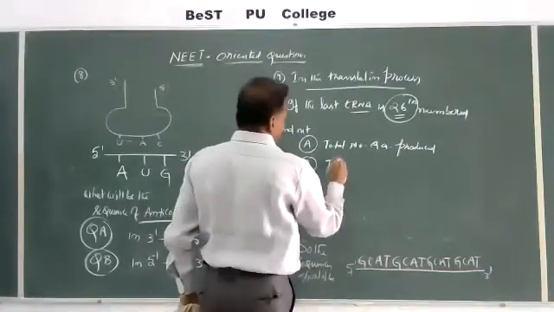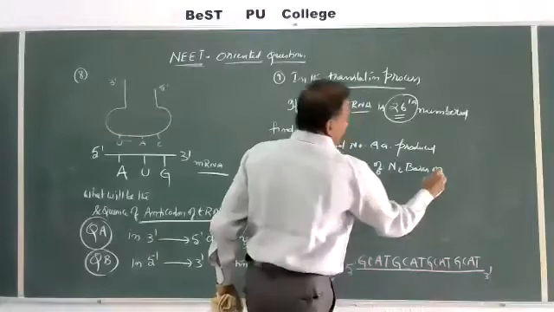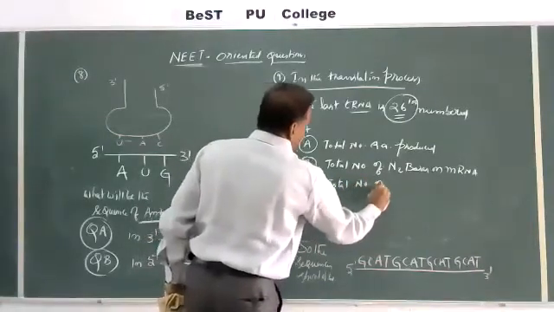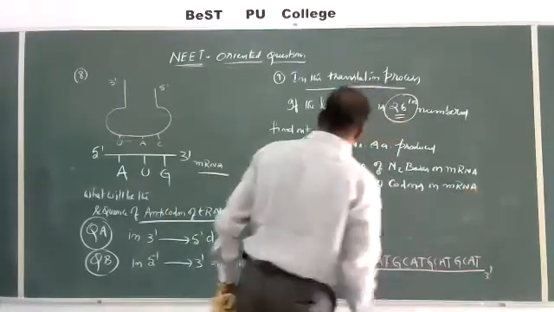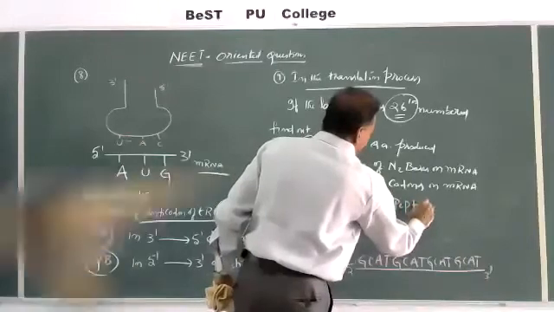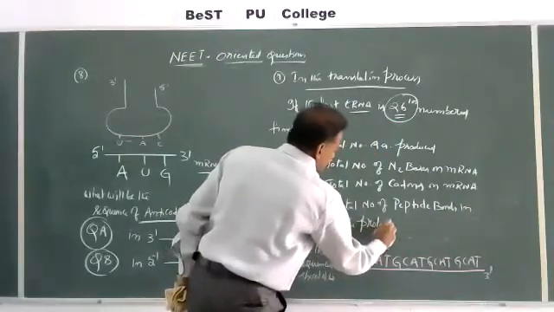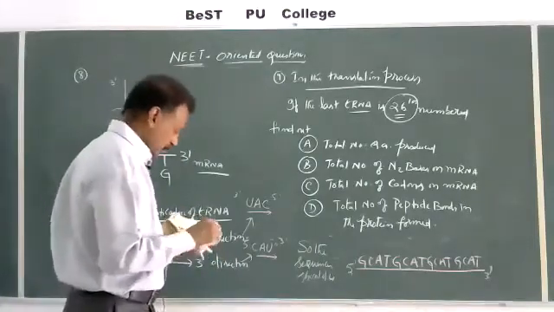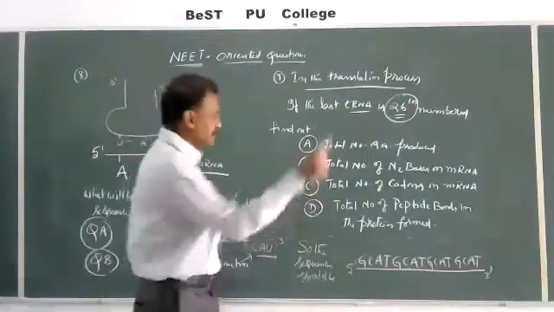B, total number of nitrogen bases on mRNA, total number of codons on mRNA, total number of peptide bonds in the protein formed, total number of nucleotides present in the DNA from which this mRNA is formed.